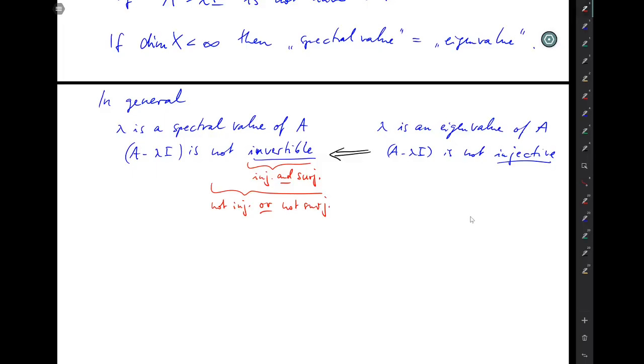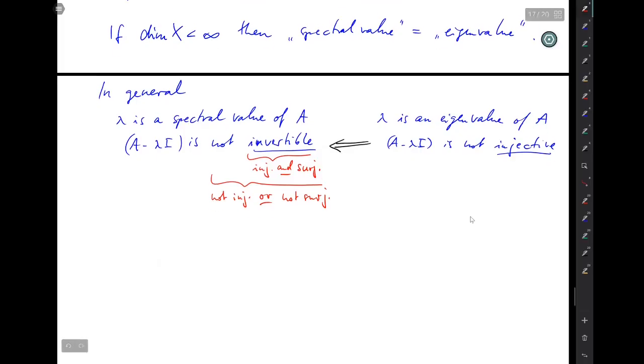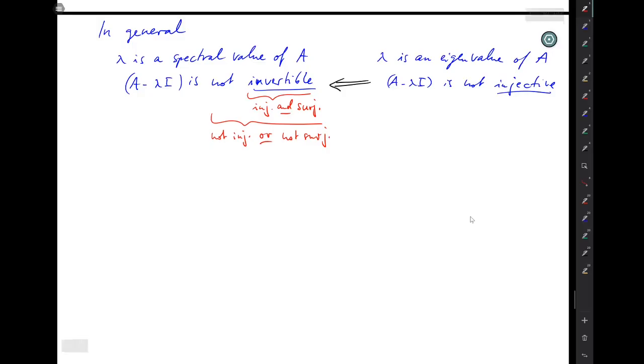Interesting. Okay, so if you're a spectral value, then you could be an eigenvalue because you're not injective. See this? Or you could be something else because you're not surjective. I mean, your A minus lambda I.